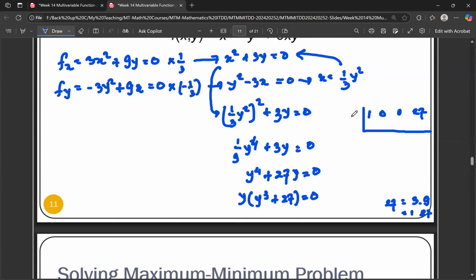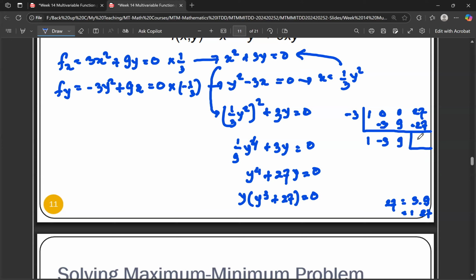Maybe we can use minus 3. So this goes to 1 and multiply 1 by minus 3, we have minus 3. In the column, we have minus 3. Multiply minus 3 and minus 3 will be 9, in the column will be 9. Minus 3 times 9 will be minus 27.